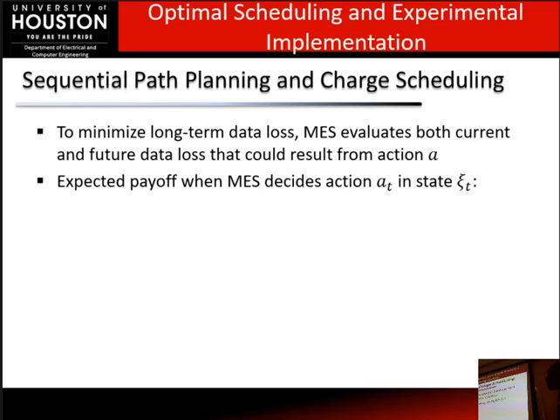So this is the joint optimization result. The goal of this optimization is minimizing the data loss that I showed earlier. Our MES has to evaluate, before going to charge, the current data loss and future data loss that could occur by taking a certain action. The payoff, which is the data loss that could occur by taking a certain action, is given by omega bar t.